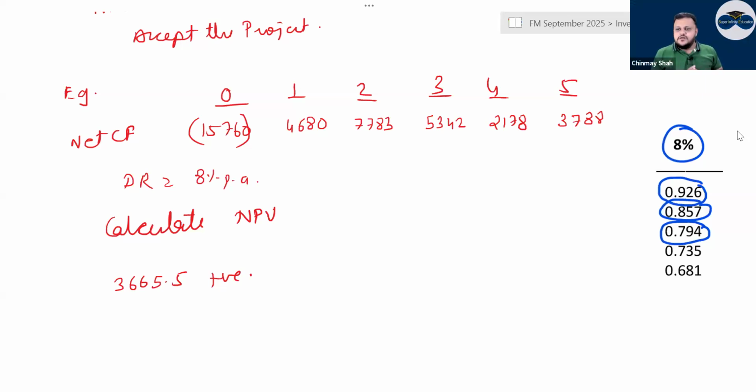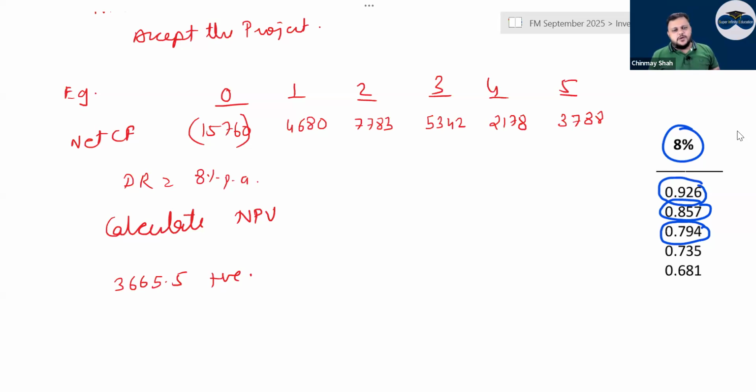Sir, if not mentioned in the question, how many decimal places do we have to show? Now see, logically there is a default assumption. We'll write a note for that.